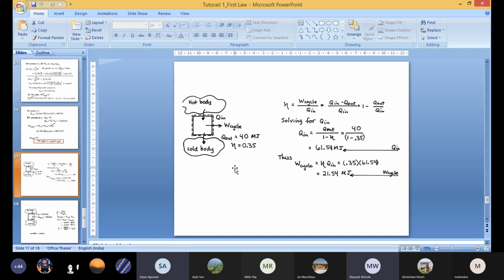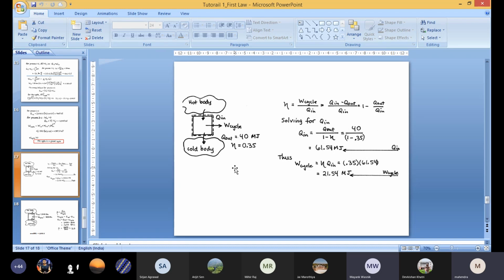Sir, but why are we considering that Q in minus Q out is equal to work? Because we should also consider the internal energy. In a cyclic process, if it is a cycle, then the change in internal energy equals 0. So internal energy has no role if it is a cycle.